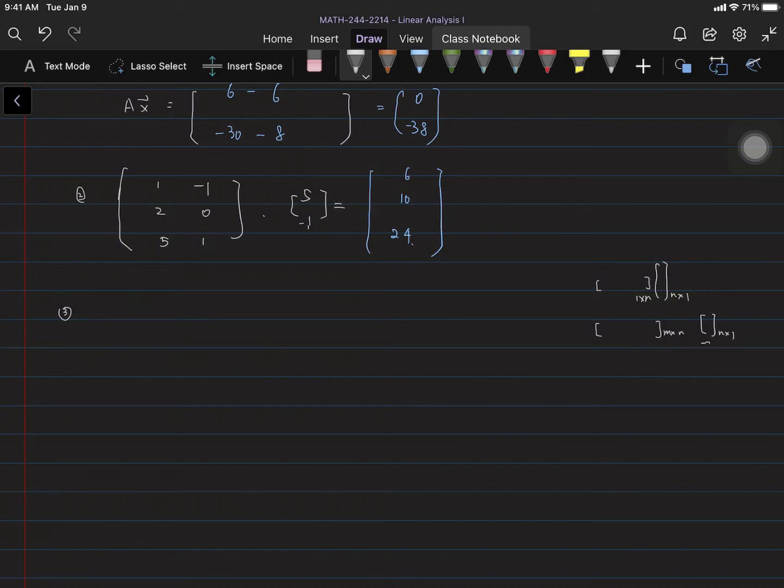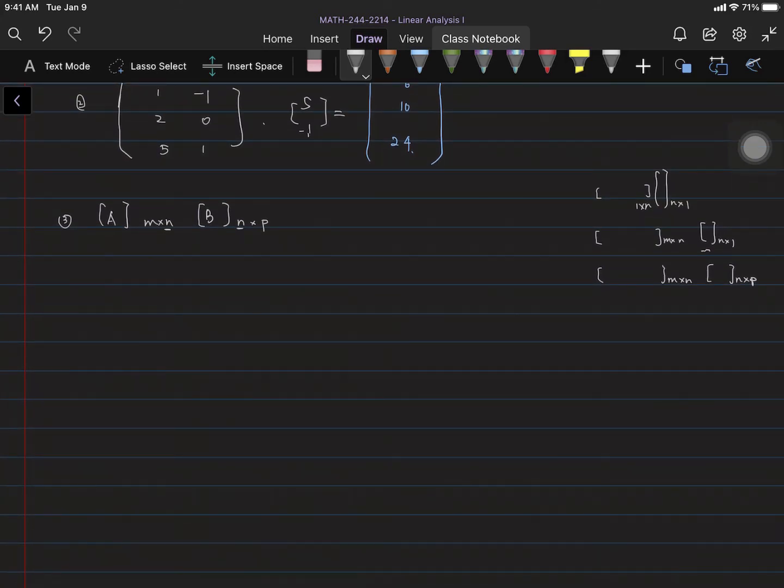And right now we are going to do m by n multiplied by n by p. More general, not just a column vector. It's going to be a general matrix. So we have matrix A, m by n, multiplied by matrix B. In the middle, they have to have the same size. Okay, m by p. And this equals what?